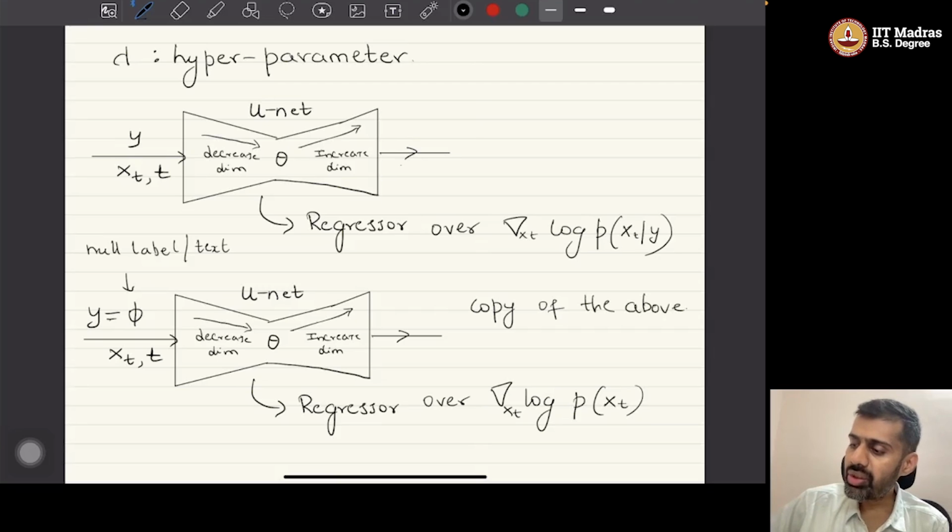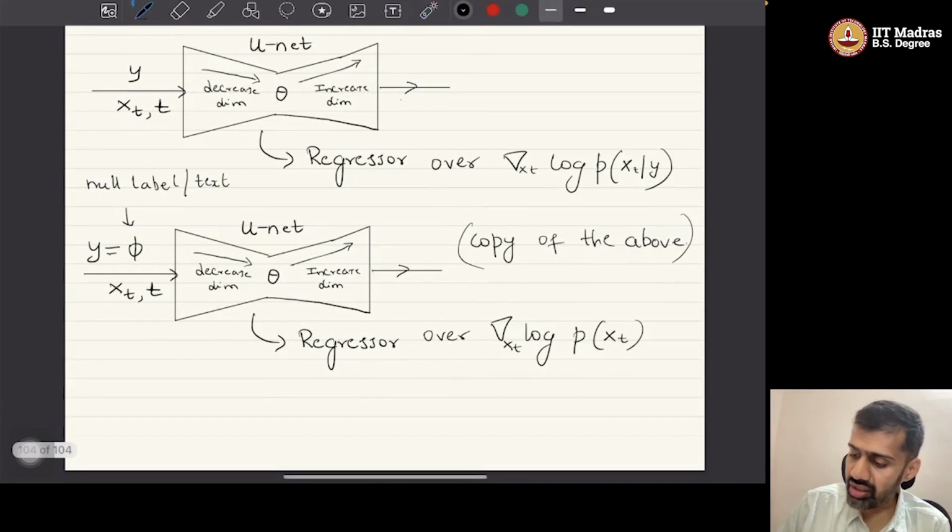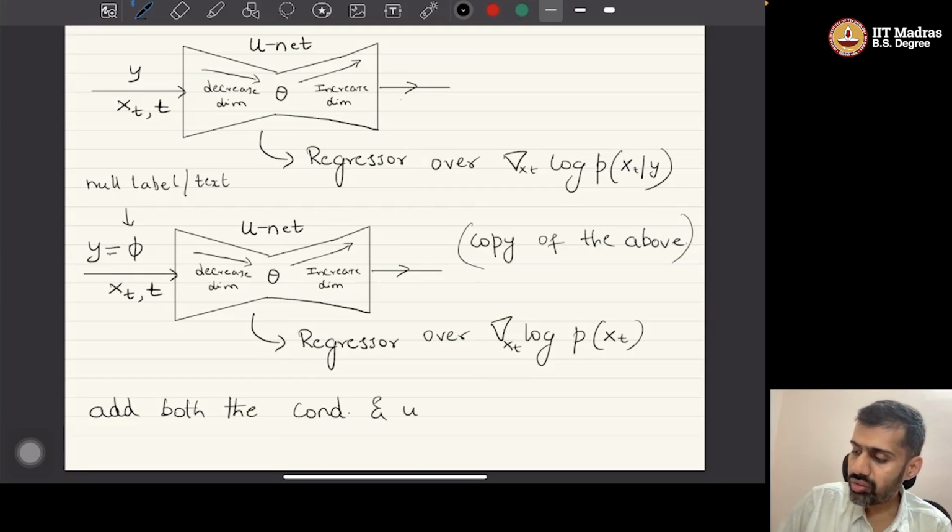So basically what we are doing is, given a particular pair of image and text, we take the image, add the noise, give y as an input to this UNet and regress over the conditional score, and you take the same xt and condition it on the null text and regress over the unconditional score. Okay, and then add the gradients of both, the conditional and unconditional scores, before the gradient step.